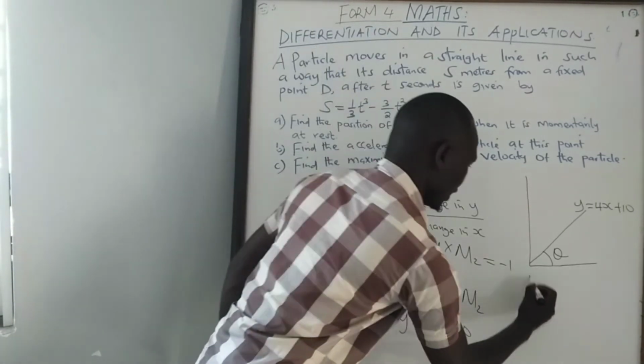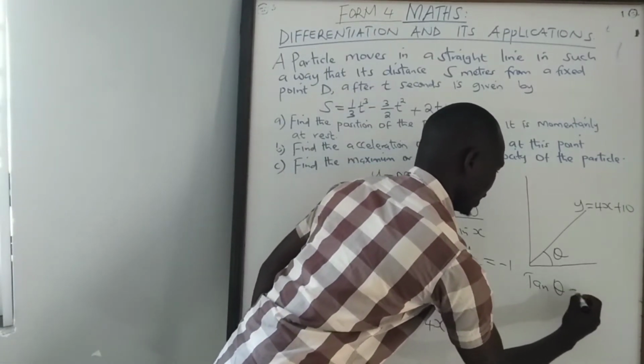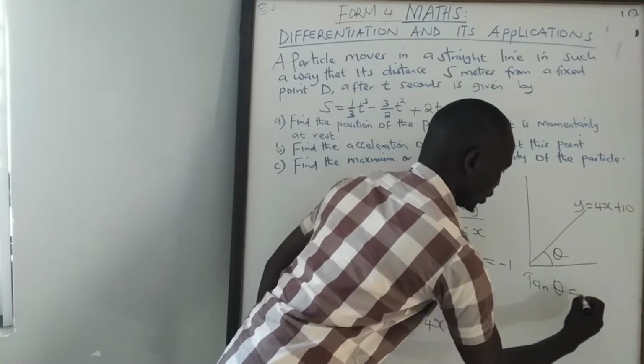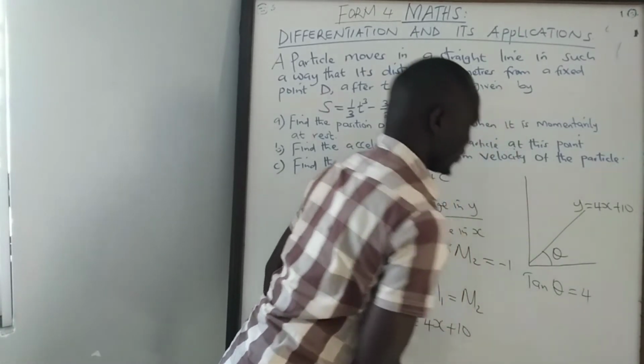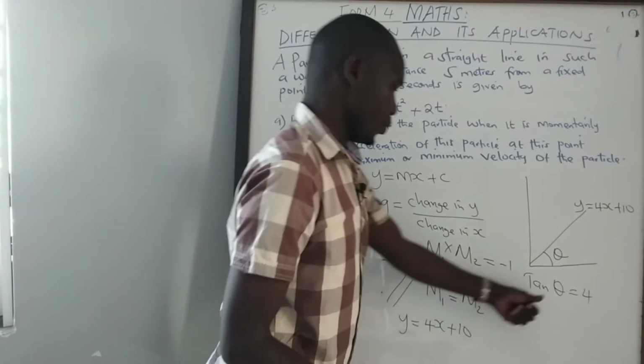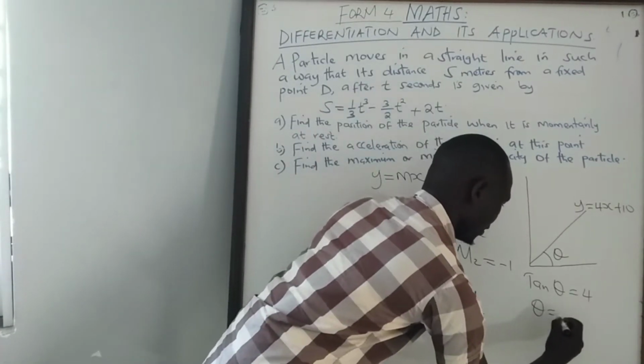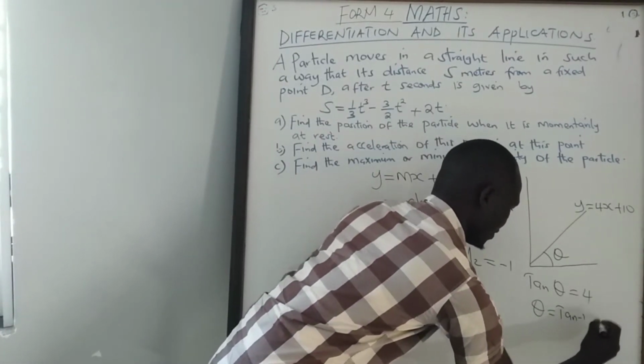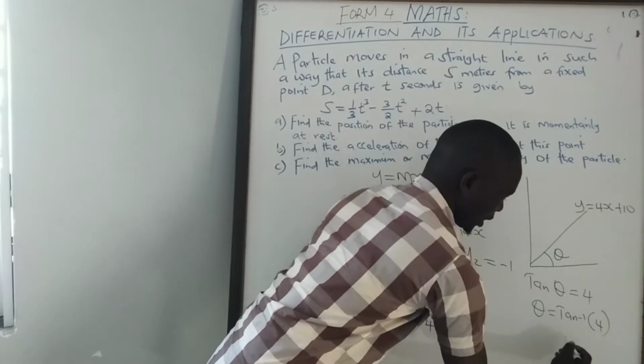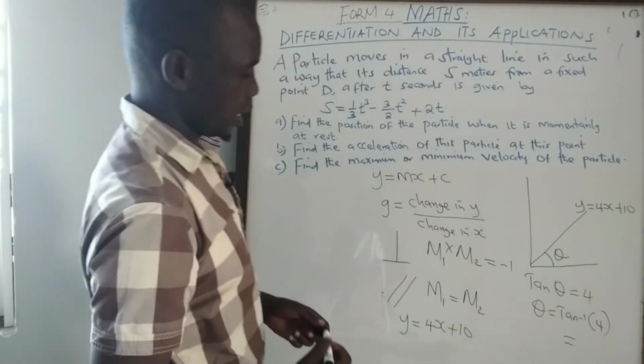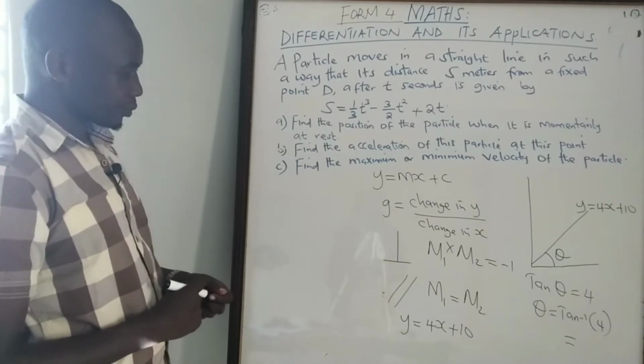Then tan theta is equal to the gradient, which is 4. To get the size of theta itself, we take the tan inverse of the gradient.